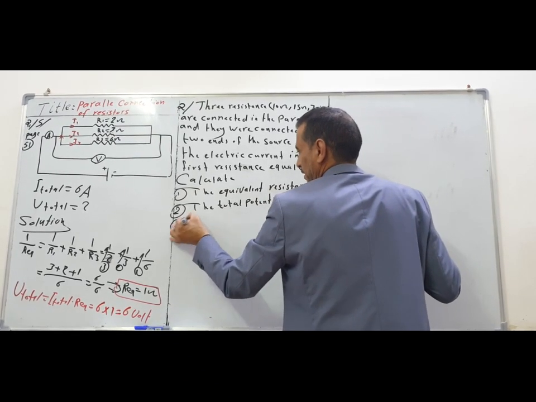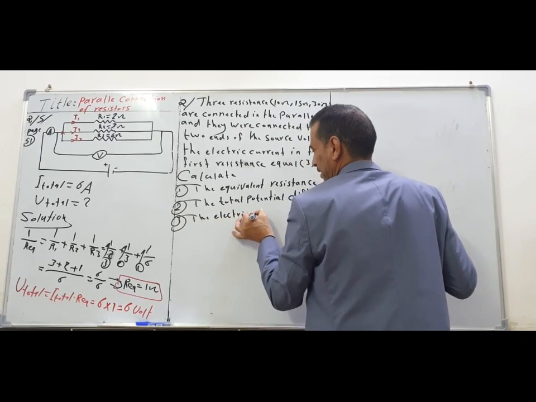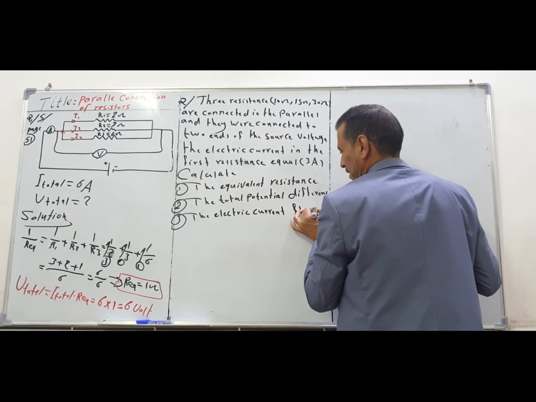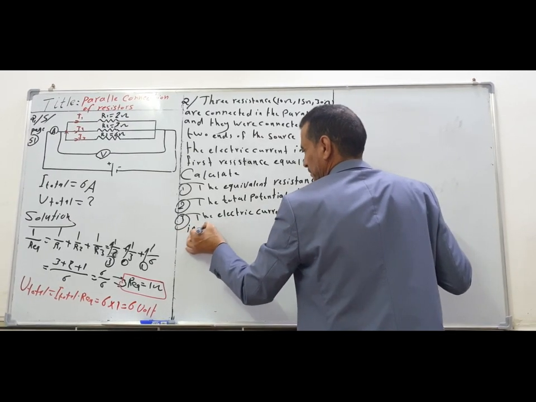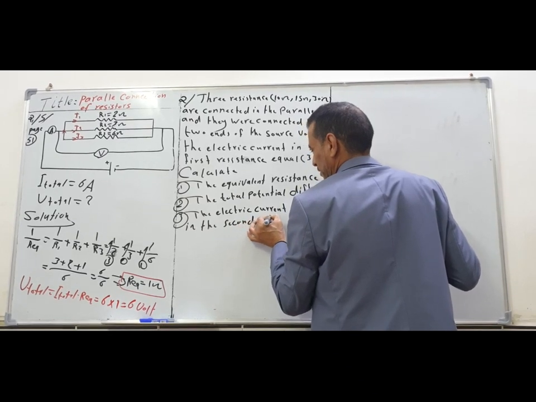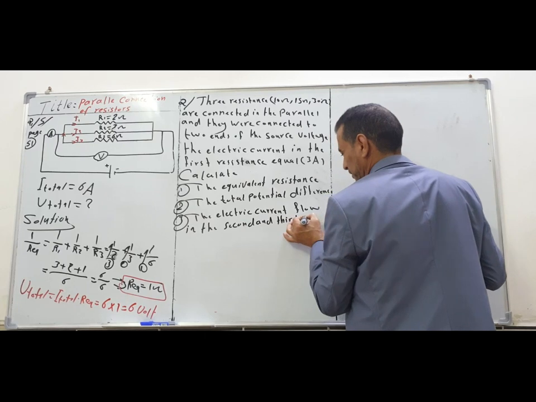And 3, the electric current flow in the second and third resistance.